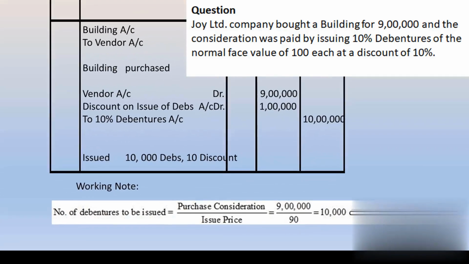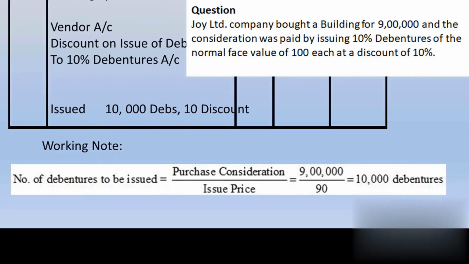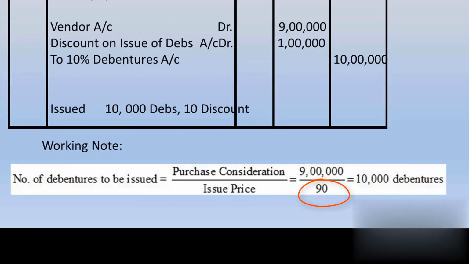The issue price that the vendor is settling for is rupees 90, being face value of rupees 100 less the discount of 10% agreed upon. The purchase consideration is then divided by this price.